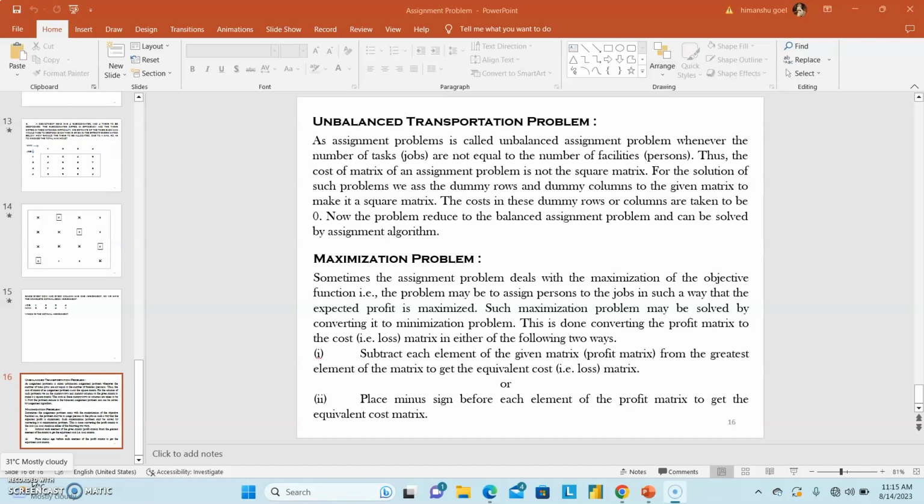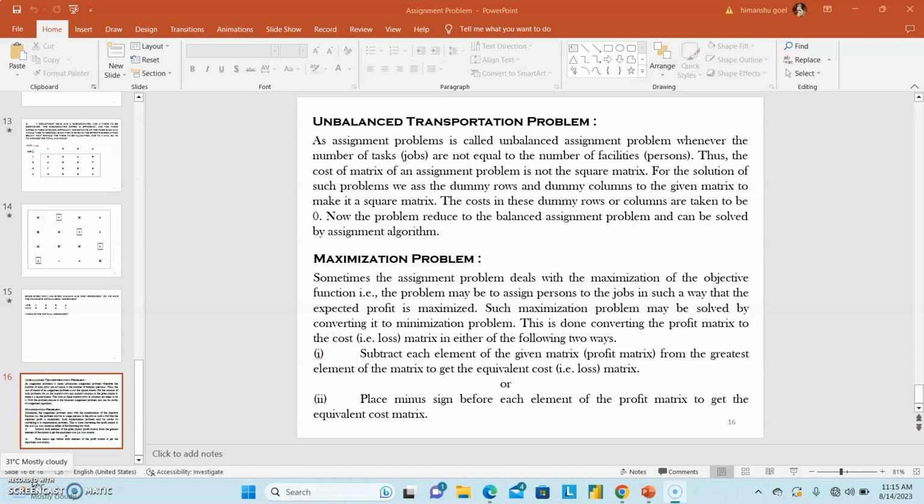Thus, the cost matrix of an assignment problem is not a square matrix. To solve an assignment problem, we need to have a square matrix. For that purpose, we need to balance it out. For the solution of such problems, we add dummy rows and dummy columns to the given matrix to make it a square matrix.